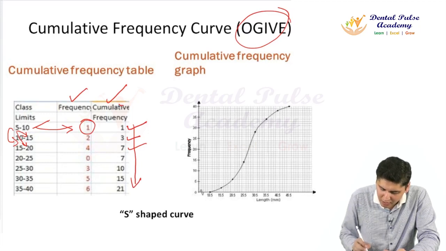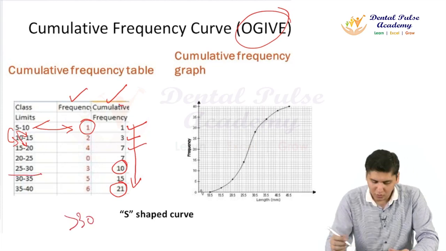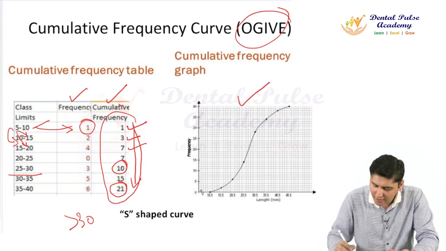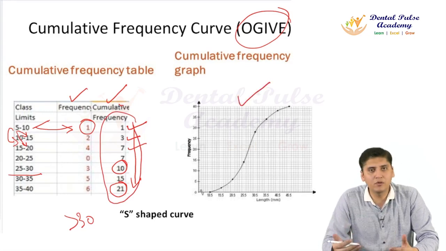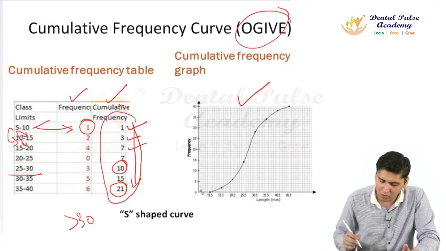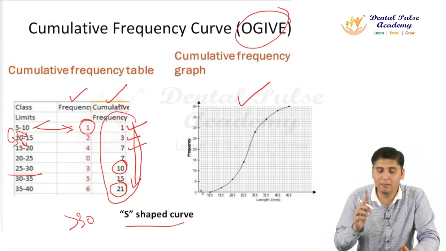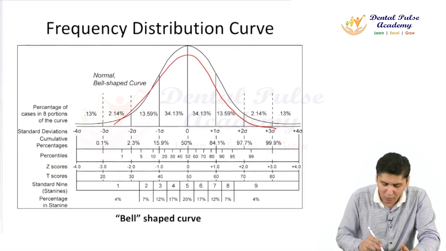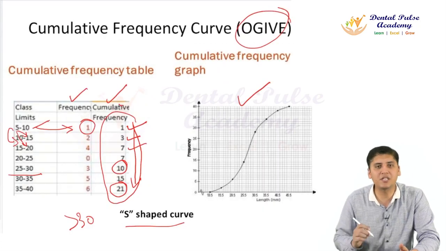So basically there were a total of 21 people, and out of them, for example, 10 people were less than 30 of class limit. So if I plot this cumulative frequency over a chart, I will get an ogive, and almost always, an ogive is an S-shaped curve. Remember this part? Frequency distribution is mostly a bell-shaped curve and cumulative frequency is mostly an S-shaped curve.